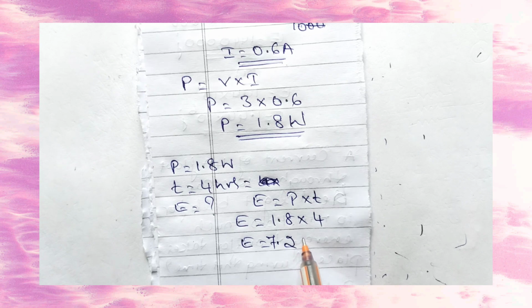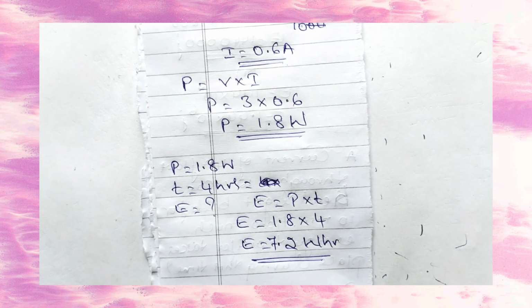So 7.2 watt hour is the energy consumed by the torch bulb.